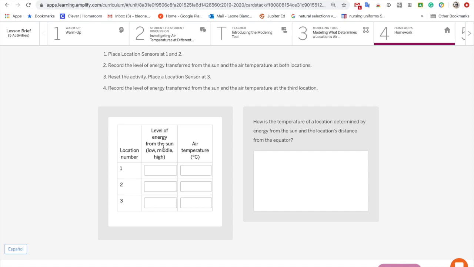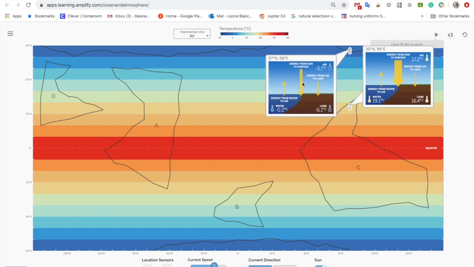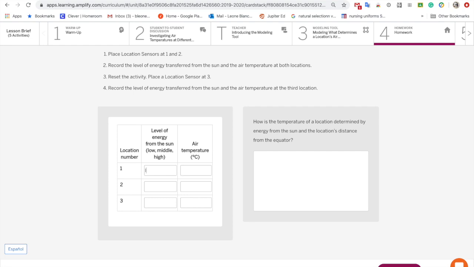So look at the level of energy from the sun in area 1. The energy from the sun is low, so I'm going to write low.